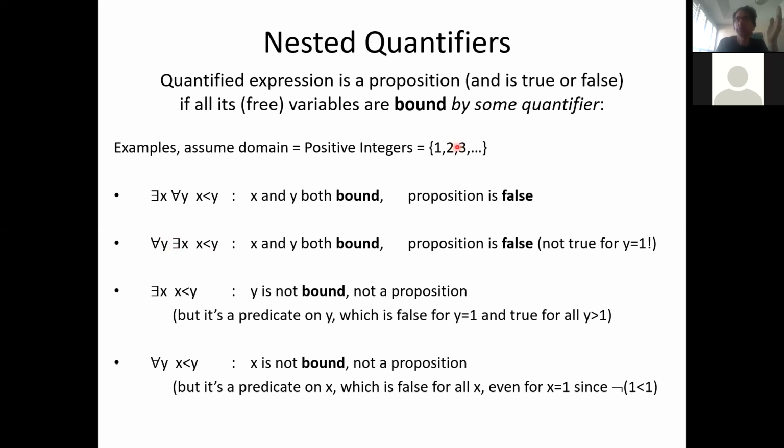This predicate is true about 3. There is stuff that is smaller than 3. So 3 is not a good counterexample because there is stuff that is smaller, 1 or 2. What is this one y which is going to make this false?